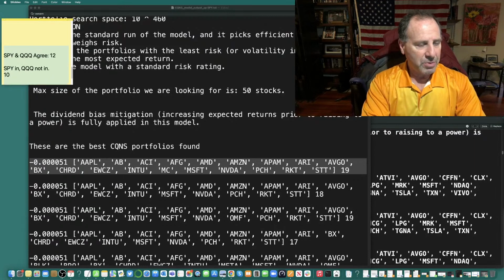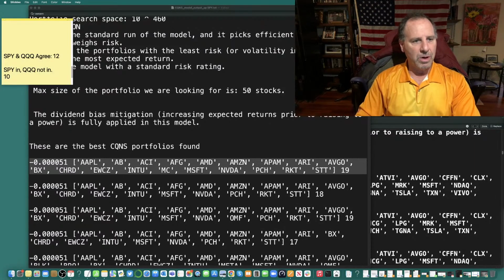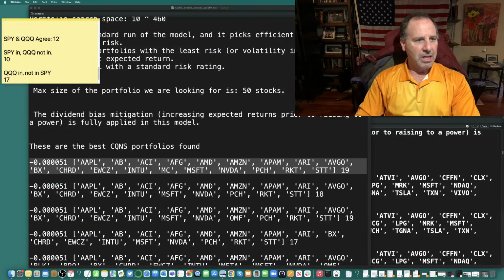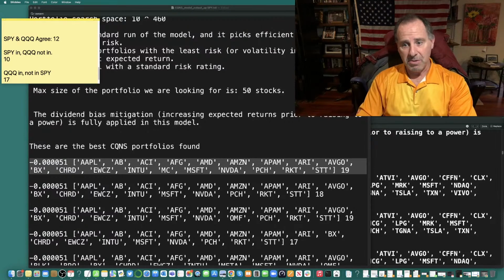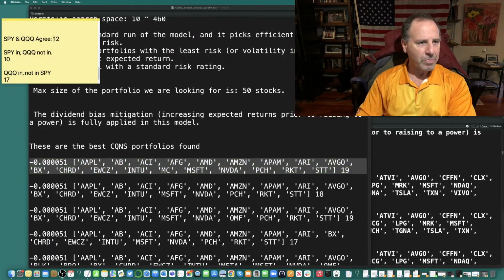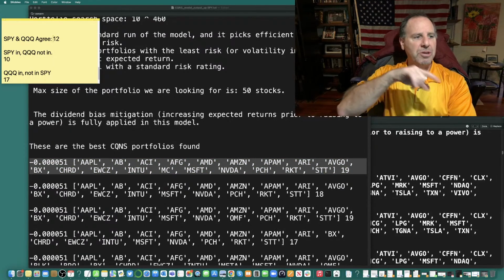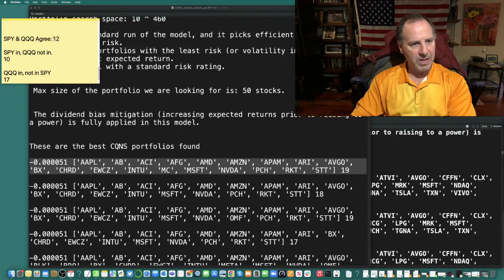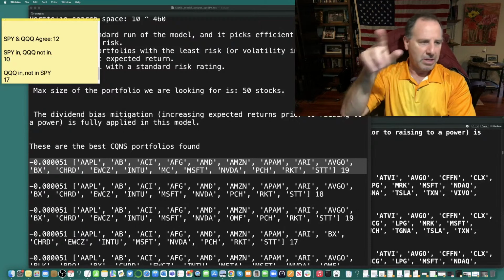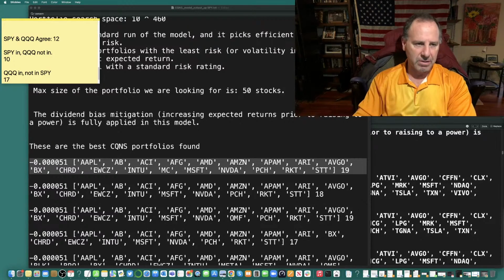So for all the stocks we looked at today, the difference was the S&P 500 and the QQQ agree on 12 of the stocks, so 12 of the 19. The Spider has, but the QQQ does not, 10 stocks. Now that's using Friday's data, Friday's best portfolio.